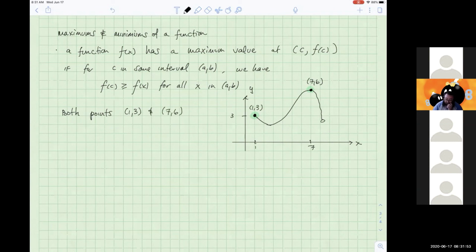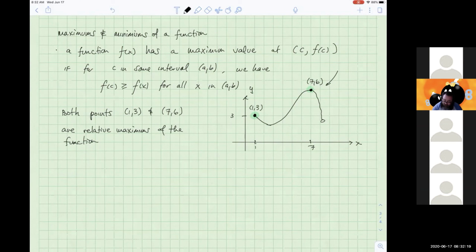And 7, 6 are what are called relative maximums of the function. Now, while it is true that this particular point is the highest point on the curve, when we say relative, we mean in a small neighborhood.